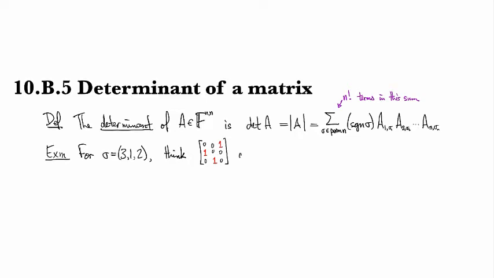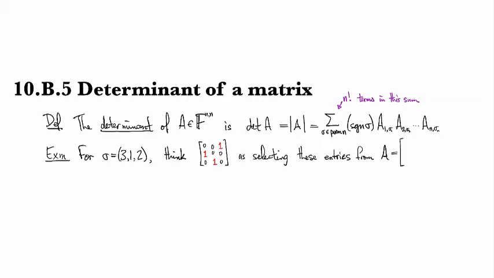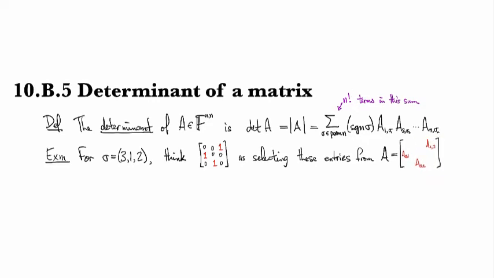And so you should think of this as selecting these entries from A. So in other words, if we look at A here, then what we're doing is we're picking up the A13 entry and the A21 entry and the A32 entry, and that'll be what goes into our summation for that particular choice of sigma. It'll be the product of those three.